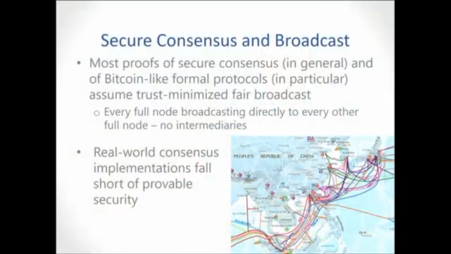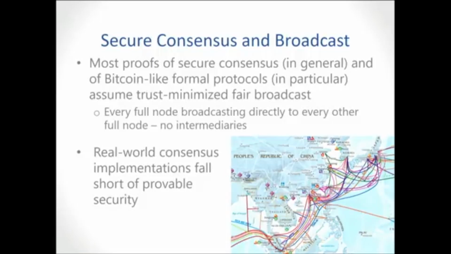To bring this to a motivational and theoretical level, the proofs of secure consensus tend to rely on this thing called broadcast, which is the sort of ideal communications where every full node, to put it in Bitcoin terms, is broadcasting, talking directly with every other full node.